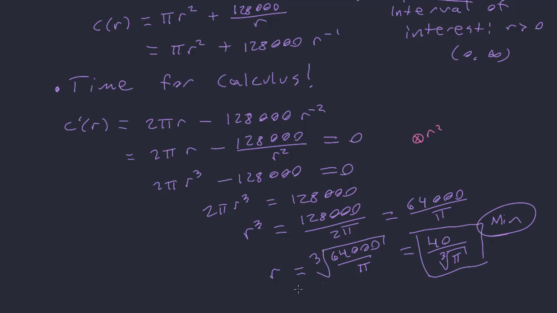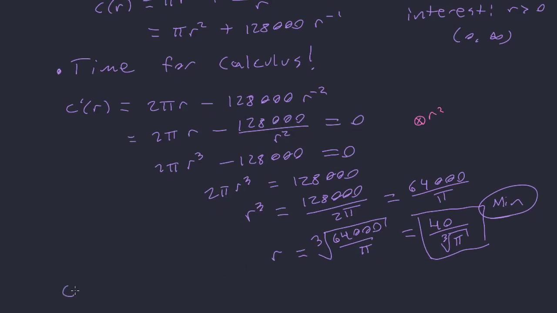If we want to really check it, we could do that with c double prime of r, which will be 2 pi plus 128,000 times 2, so that would be 256,000 times r to the negative cube.